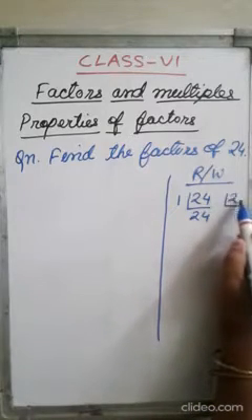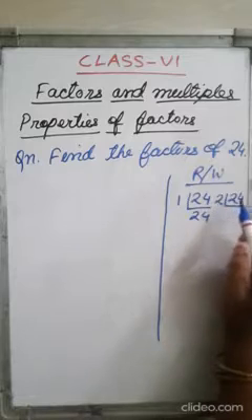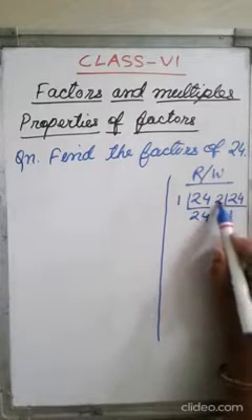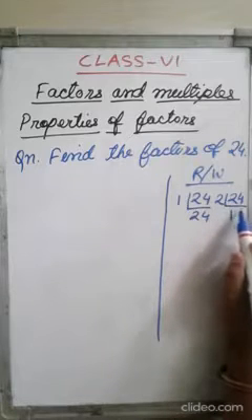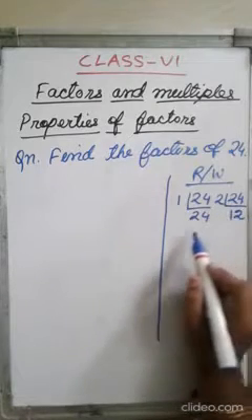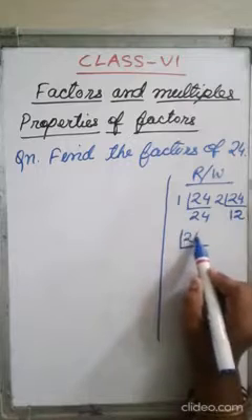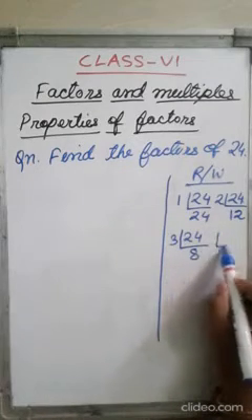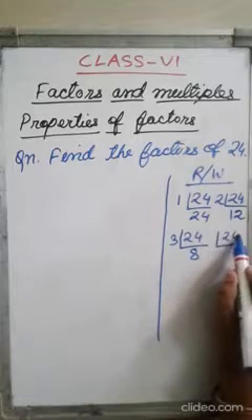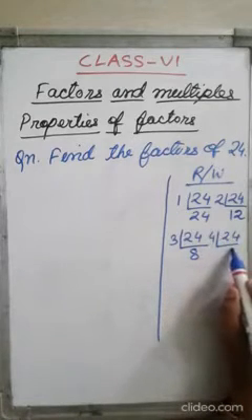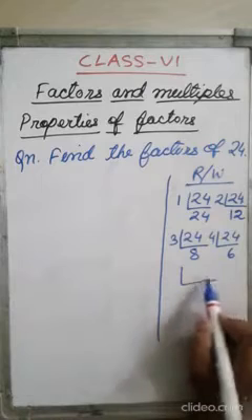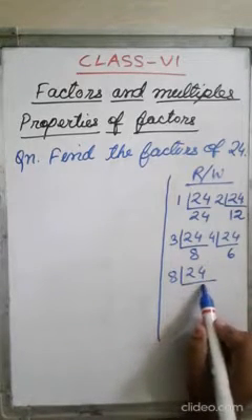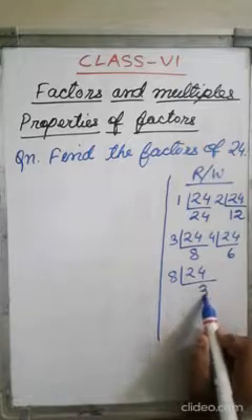24, if I divide it by 2, it is 12. If I divide 24 by 3, it is 8 times. If I divide 24 by 4, this is 6 times. If I divide 24 by 8, this is 3 times.